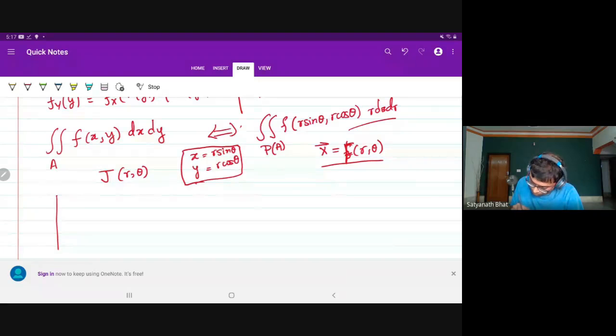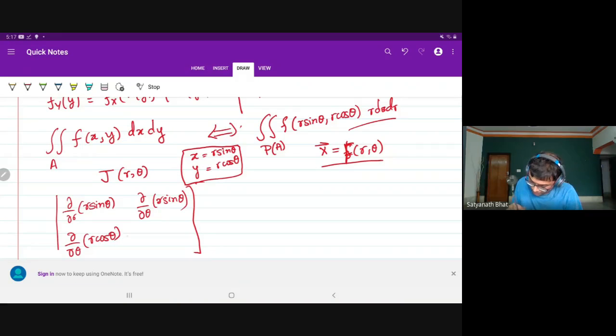I will take the partial derivative of the x component with respect to r, then the partial derivative with respect to theta of the x component, and similarly for the y component.